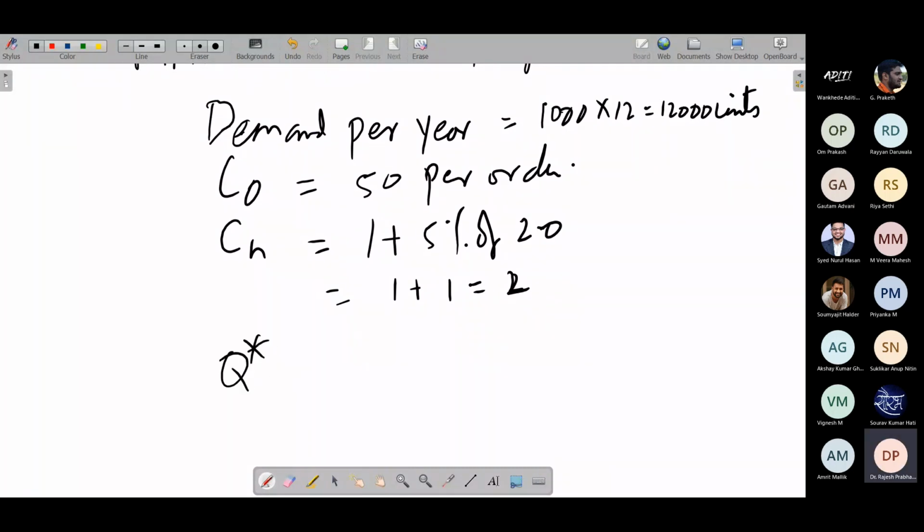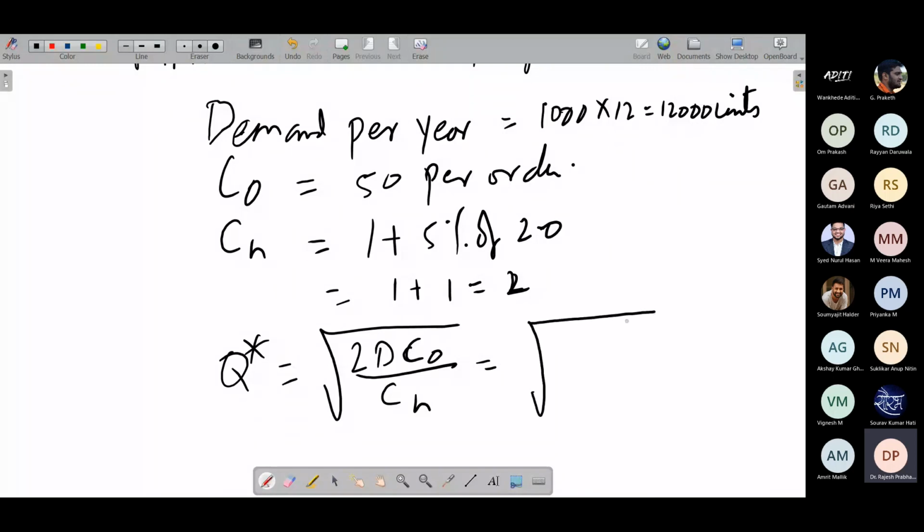So Q star is equal to root of 2DCO divided by CH, which means root of 2 into 12,000 into 50 by 2.